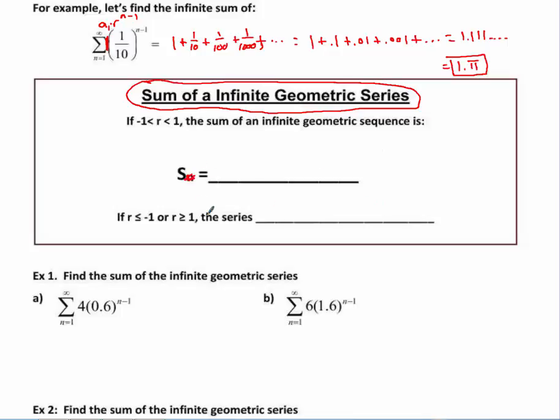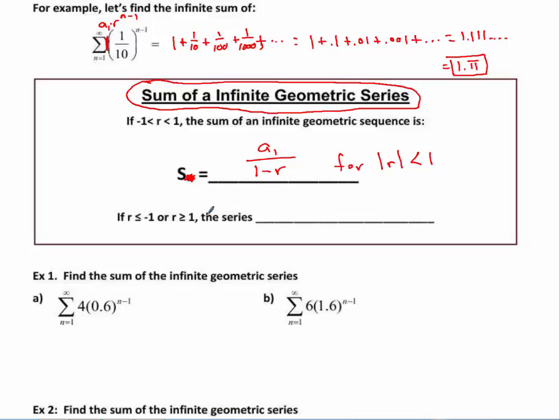In fact, also cross out this n because we don't have an n. It's infinite. So the sum of an infinite geometric series is always going to be a sub 1 over 1 minus r, whatever the r is, and that's only if the absolute value of r is less than 1.